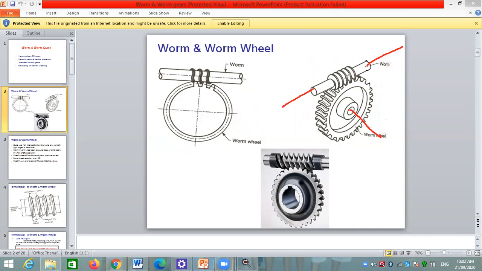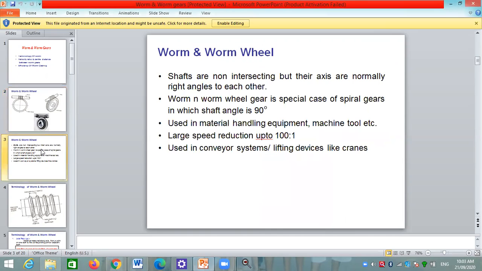Therefore, this type of gear is used when the axes of the shafts are not intersecting with each other, but their axes are perpendicular to each other. If we see, these axes are perpendicular to each other. Means when the axes of the gears are not intersecting but perpendicular to each other, then worm and wormwheel are used.